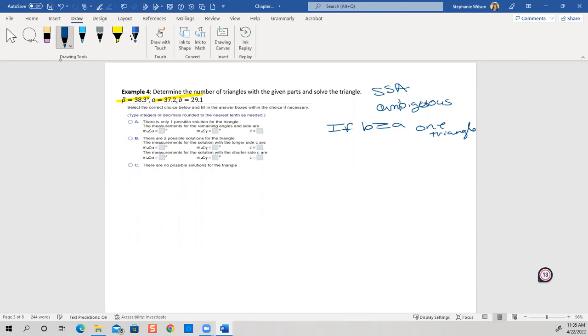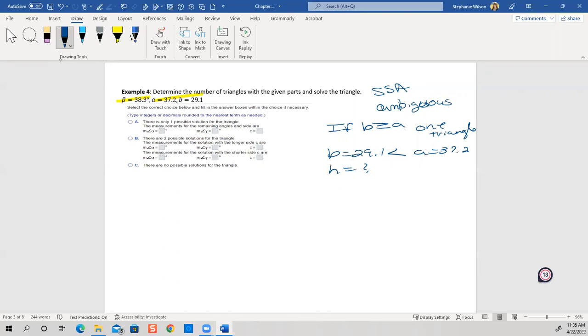All right, moving on. But in this case here, let's compare it. B is 29.1 and A is 37.2. Therefore, B is less than A. So we're going to have to find the height and test all possibilities.